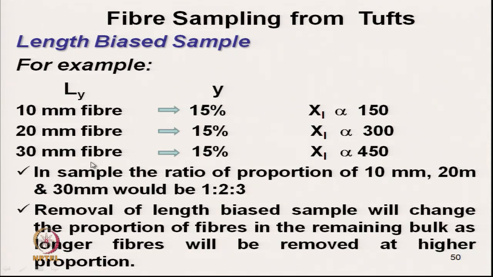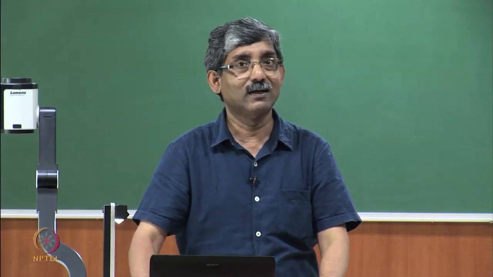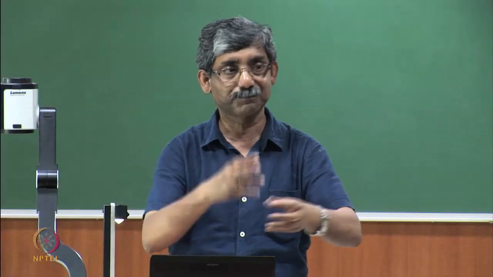So, let us say the bulk is a mixture of fiber lengths of 3 groups: 10 millimeter, 20 millimeter and 30 millimeter. And there are various other groups as well, 15 millimeter, 25 millimeter. So, 10 millimeter consists of 15% of the bulk, 20 millimeter fiber is 15% in the bulk, 30 millimeter 15% in the bulk. So, in the bulk, 10, 20 and 30 millimeter are equally mixed.